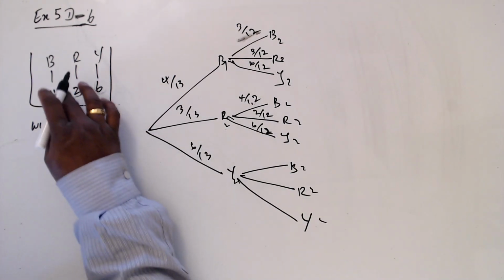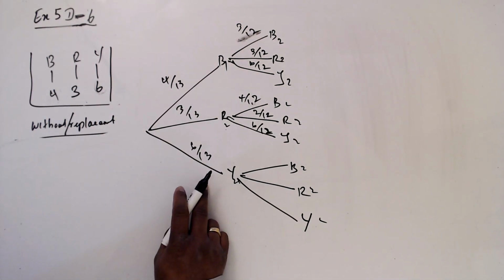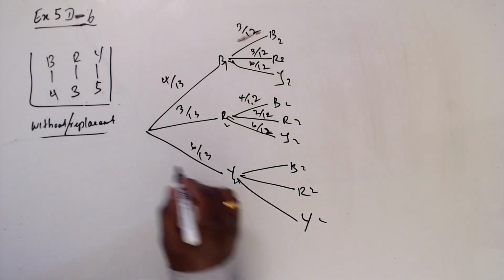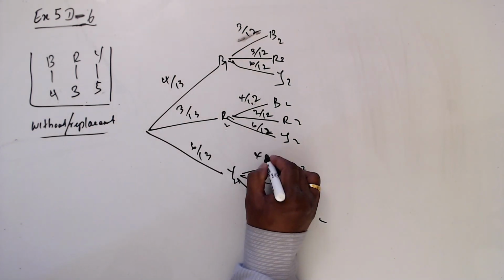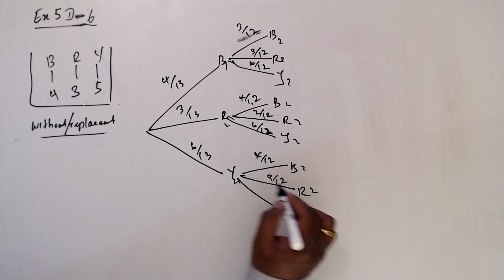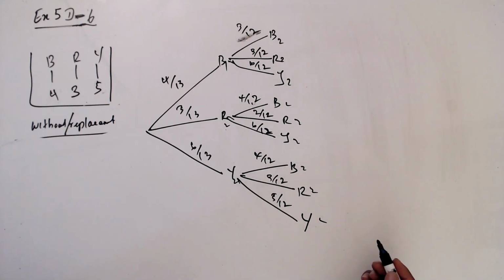And go back again to the normal first one. If you pick up yellow, then this becomes 5. Now blue 4 out of 12, red 3 out of 12, and yellow 5 out of 12.